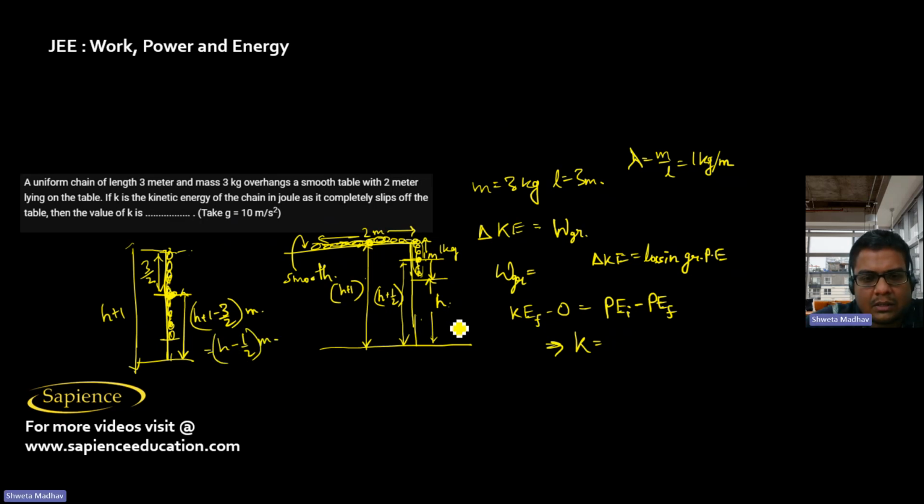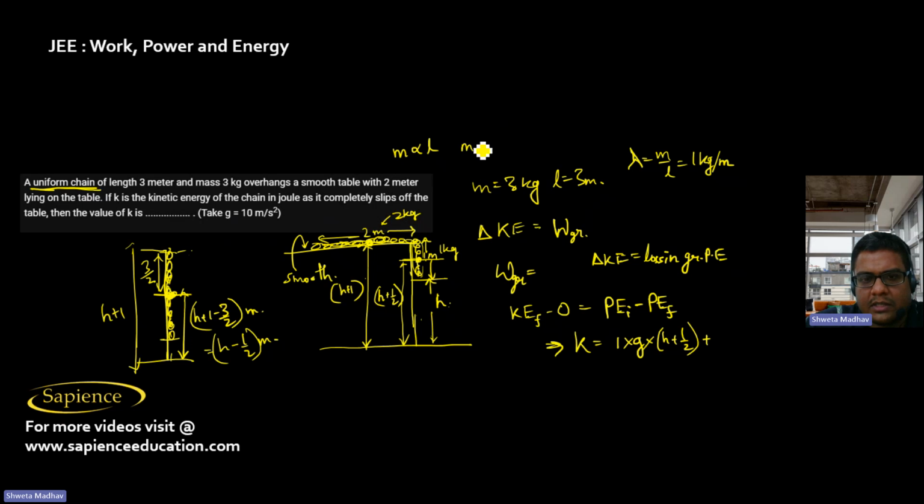So initial potential energy, it will be mg into h plus half, plus this part, mass is 2 kg, since this length is 2 meter, mass of this part is 2 kg only, since it is also told that it is a uniform chain, so mass is proportional to the length.